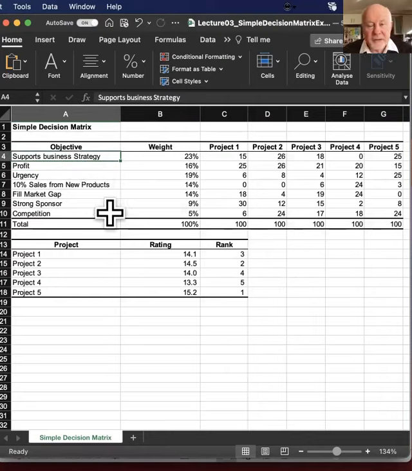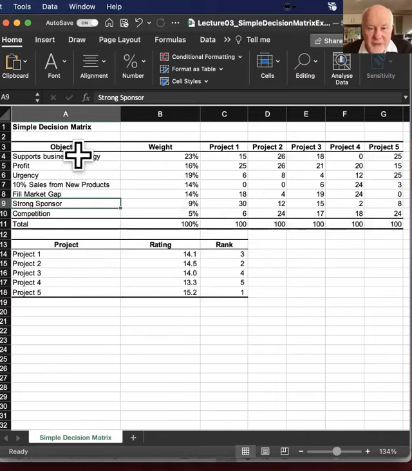You can think of these as the preferences described in terms that relate to consequences. So one preference, the strongest preference, or one preference criterion here is supports business strategy. And then the second strongest one is profit, and so on.